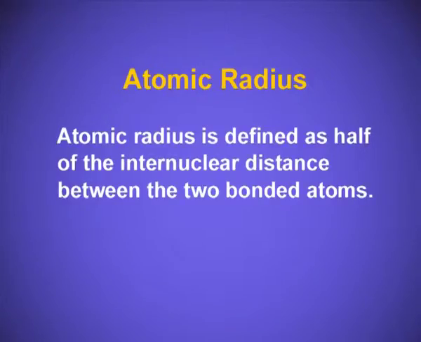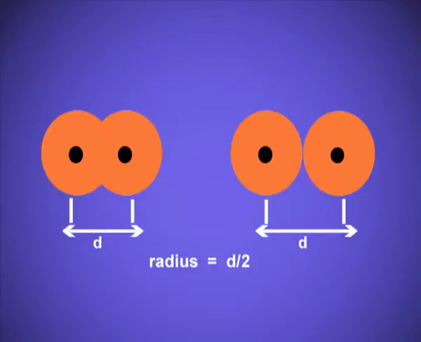Atomic radius is defined as half of the internuclear distance between the 2 bonded atoms. Now the atoms can be bonded through a covalent bond or through an ionic bond, or it can be a metal. When it is covalently bonded, we say it is a covalent radius, and when it is a metal, we say a metallic radius.